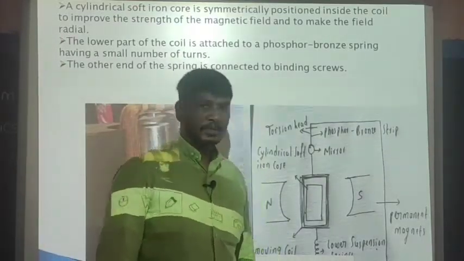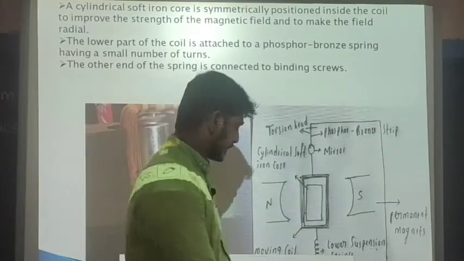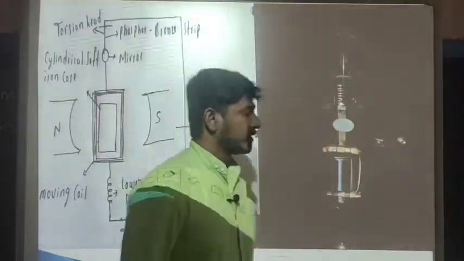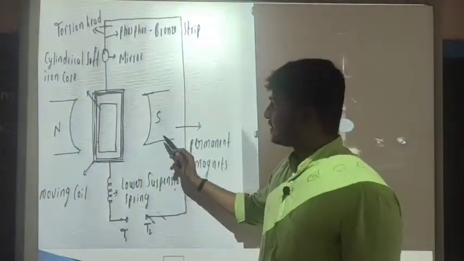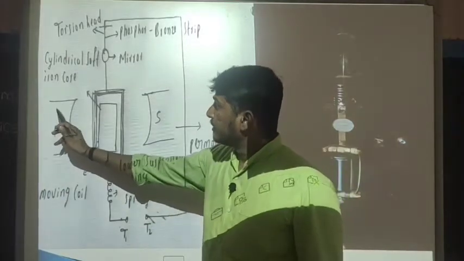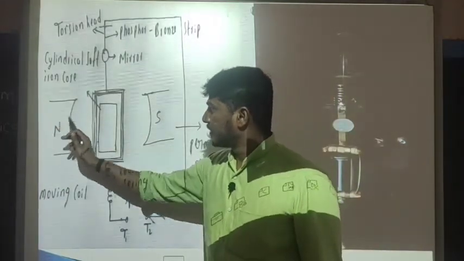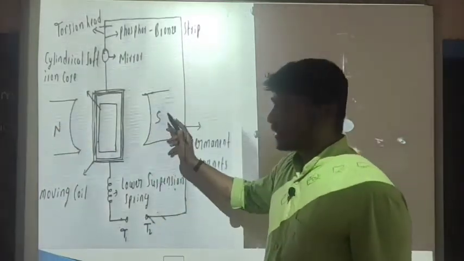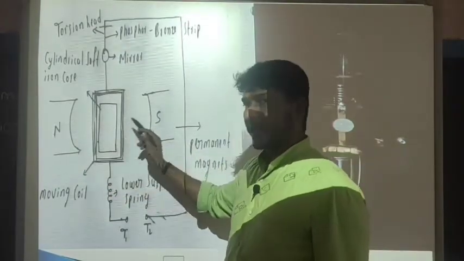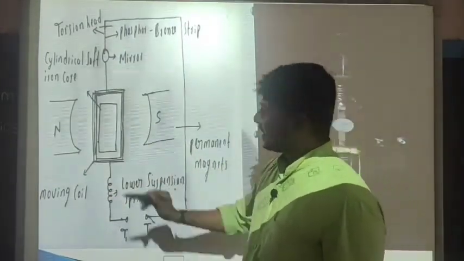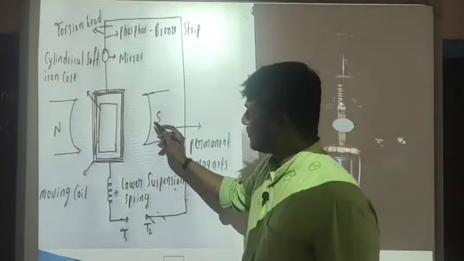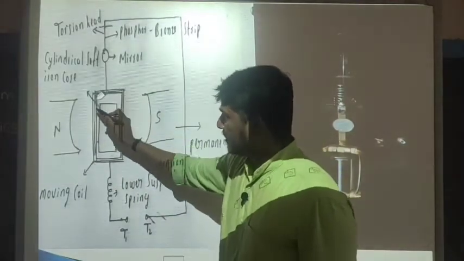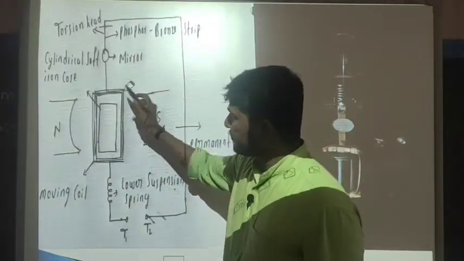Now let us see the construction once again. Here you can see that it consists of two concave shaped magnetic poles which produce a radial magnetic field, and in between these two poles a moving coil, that is the copper coil, is placed.